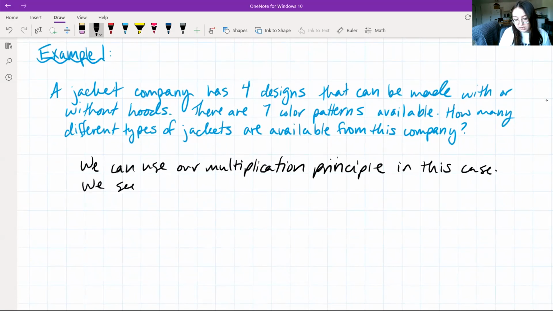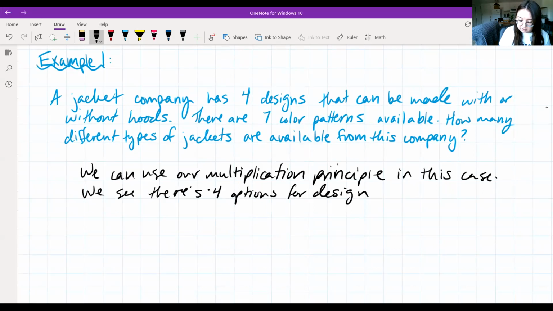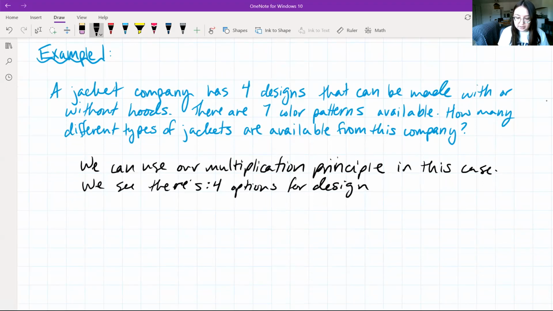So we see there's 4 options for design. That's what's listed here. So 4 options for design.